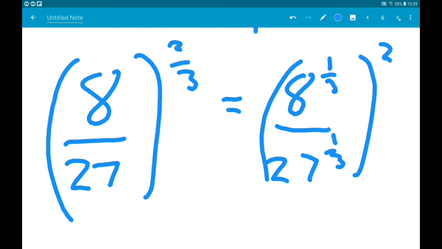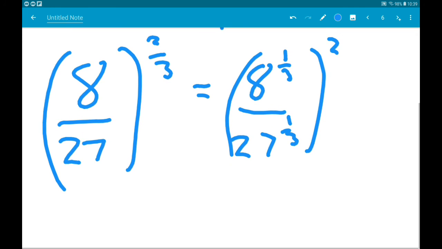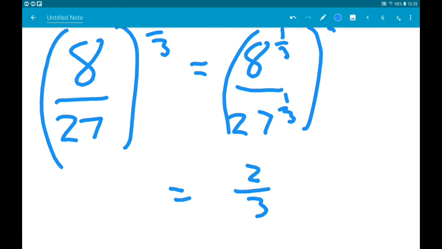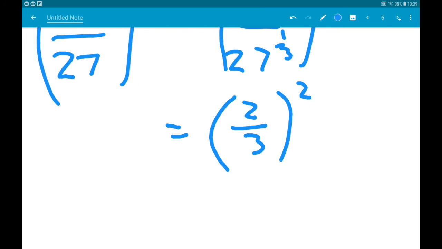So the cube root of 8 is 2. The cube root of 27 is 3. So we have 2/3 squared. That just means then we square the top, square the bottom, and we get 4/9.